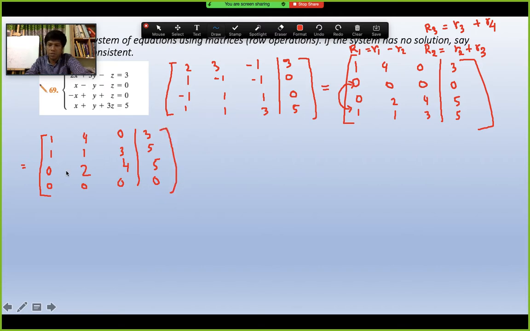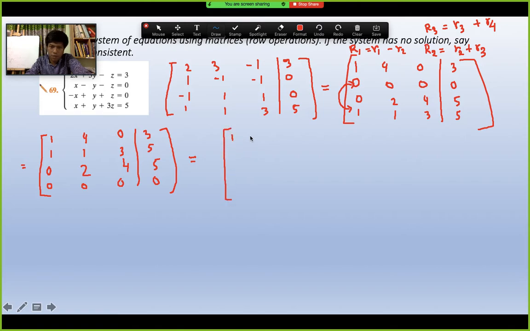We just interchanged row 2 and row 4. Now our target is to make 1 here, 1 here, and 1 here, with all the remaining values 0, just like the row echelon form.